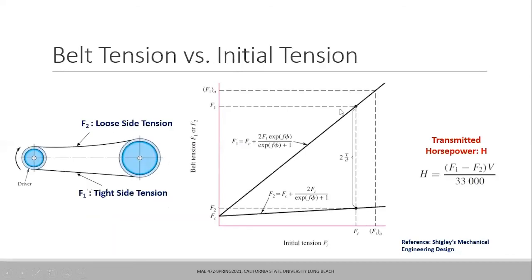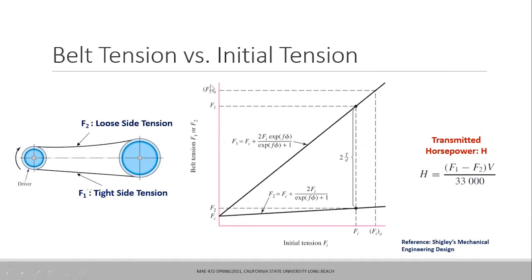This is the last figure I was showing you. It shows how F1 and F2 vary with Fi, the initial tension, and these two lines are for the belt tension. This is the tight side tension and this is the loose side tension. If my initial tension is 0, F1 and F2 are both equal, so no torque. But as Fi keeps changing, the difference between the two lines defines how much torque can be transmitted, which is this gap, this expression.